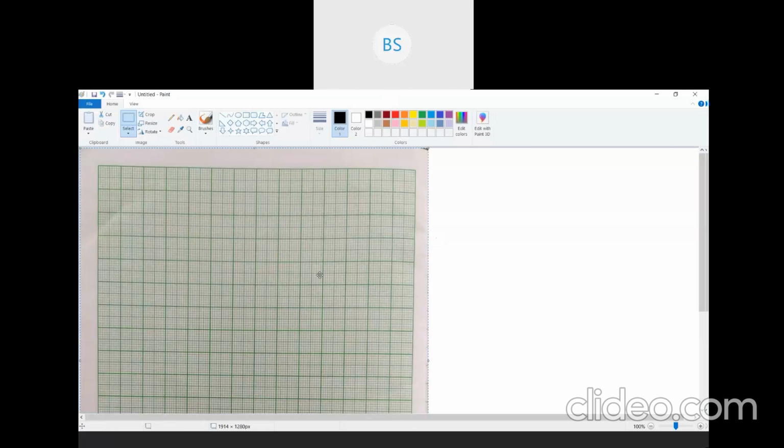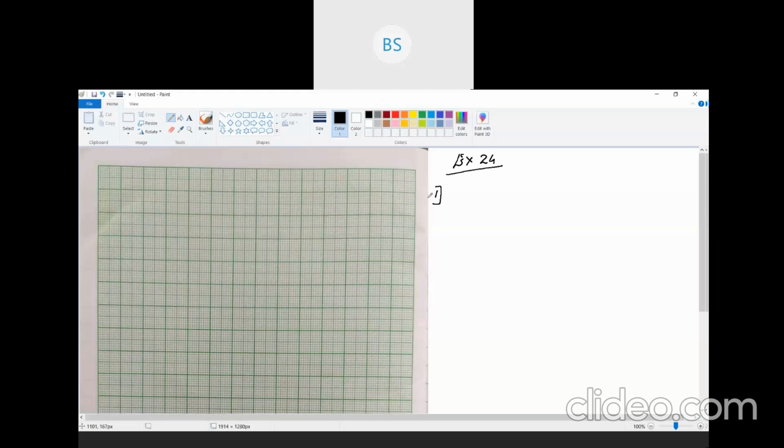I'll do it on the 1 centimeter graph itself. So exercise 24, page number 336. The first question.